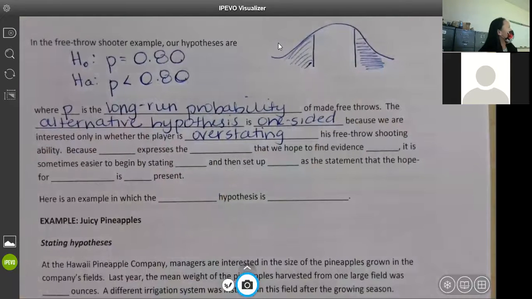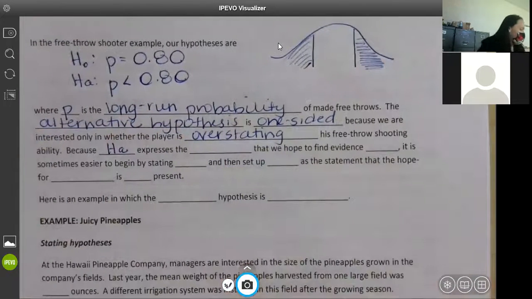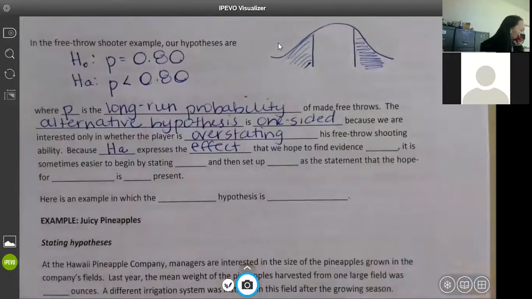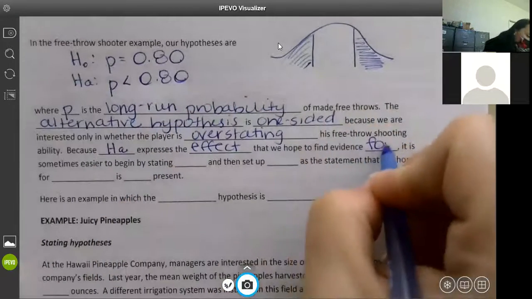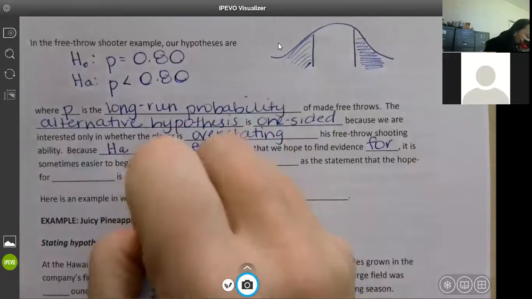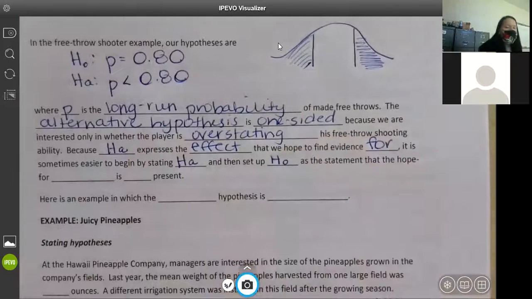So that's the difference between one-sided and two-sided. When we do it in our calculator, you're going to have to know the difference. Is it the left side, the right side, or two-sided? Because H sub A expresses the effect that we hope to find evidence for, it is sometimes easier to begin by stating the alternative and then set up the null.